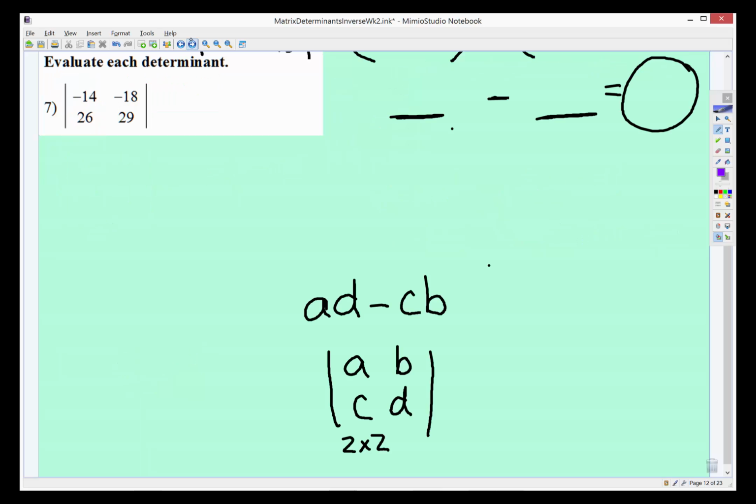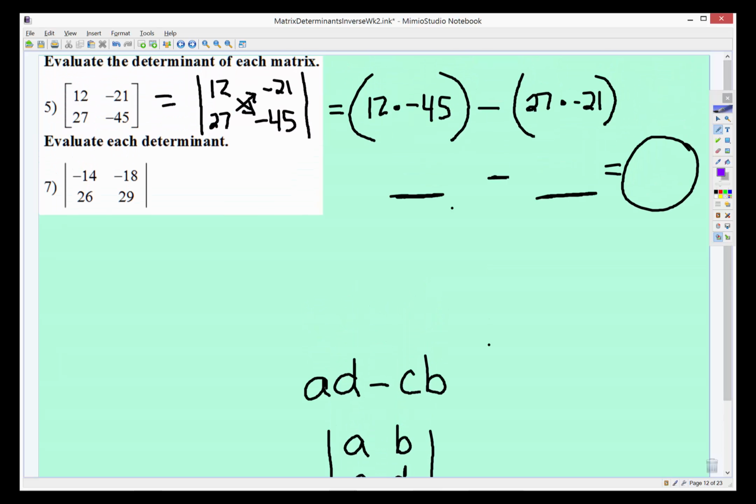Now we're going to go, let's see. Evaluate the determinant of each matrix. So notice, I have it in matrix form.